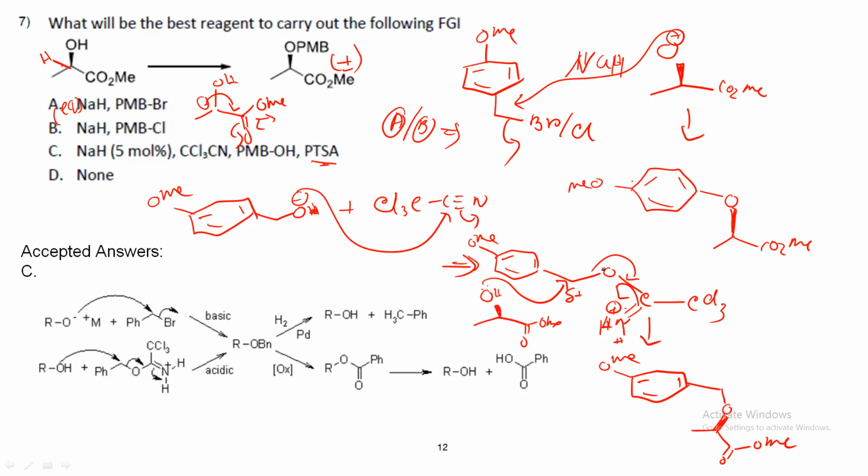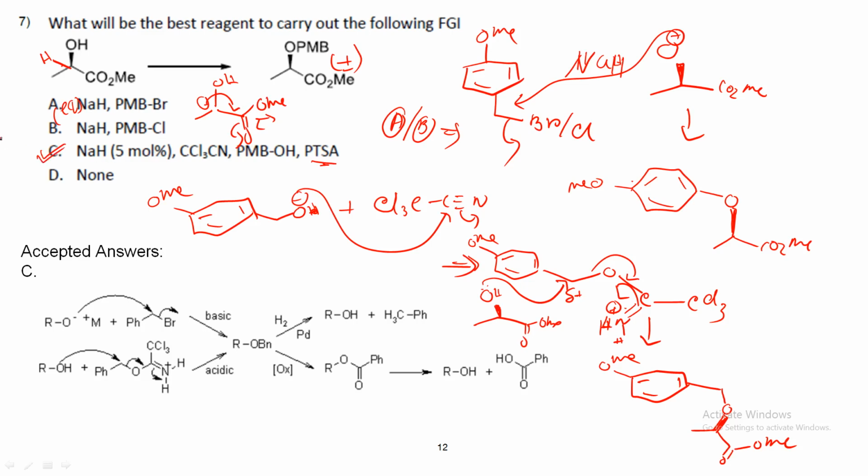The leaving aptitude of this is so high that the alcohol itself can attack this and do the substitution reaction and make the OMB protection. So to minimize the racemization, this particular condition C would be the best choice.